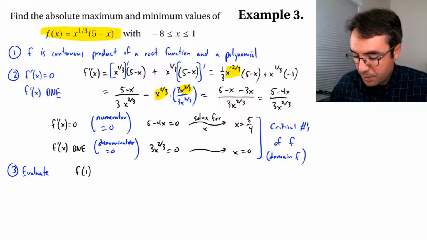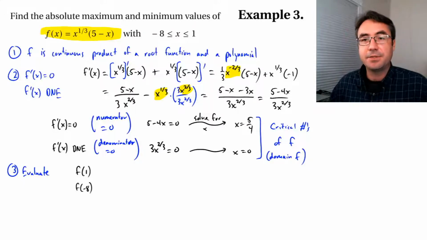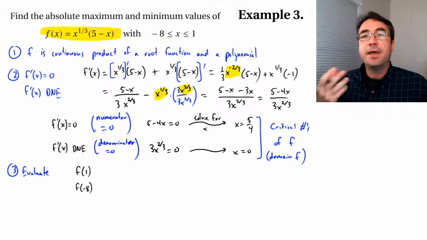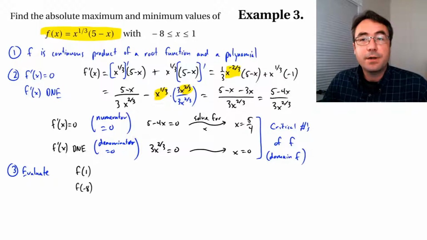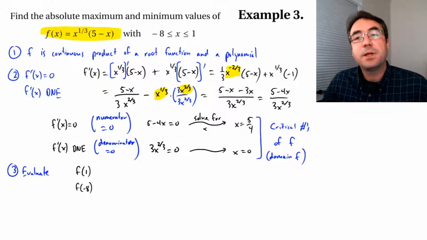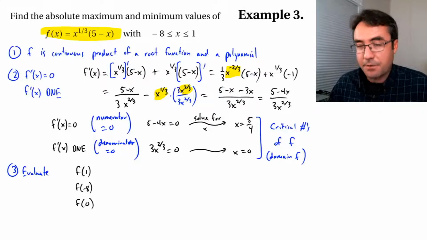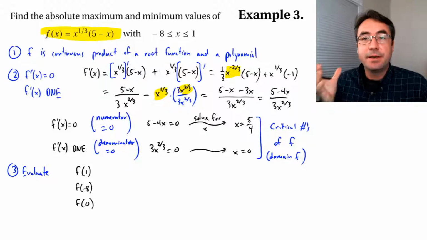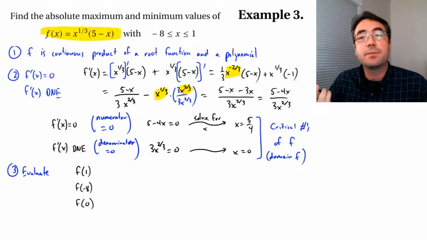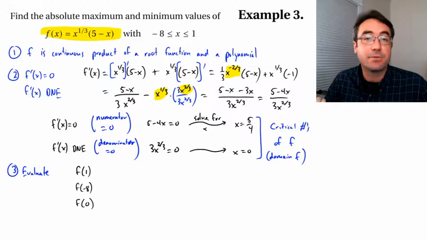We'll take 1 and plug it into the original function. We'll take -8 and plug that into the original function. And then we need to plug in our critical numbers, but we're only going to plug in the critical numbers that are actually inside the interval.